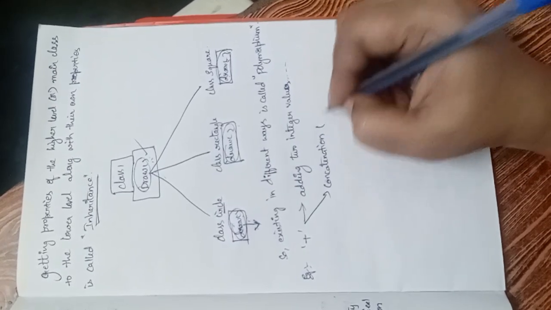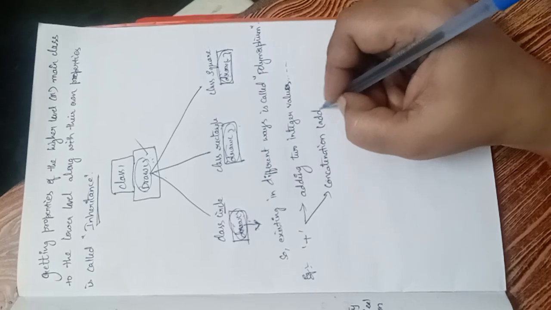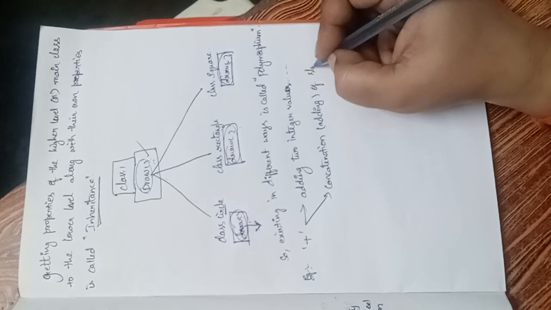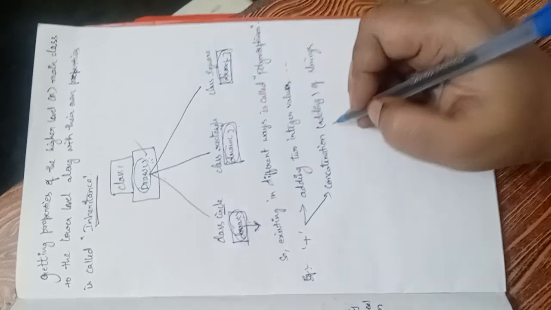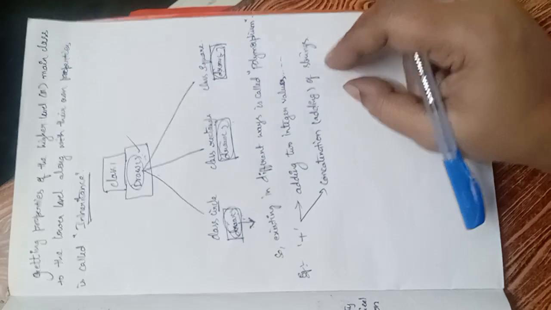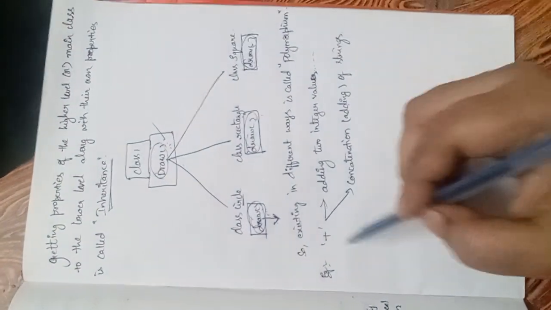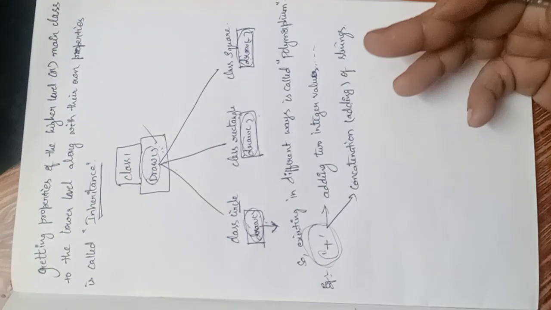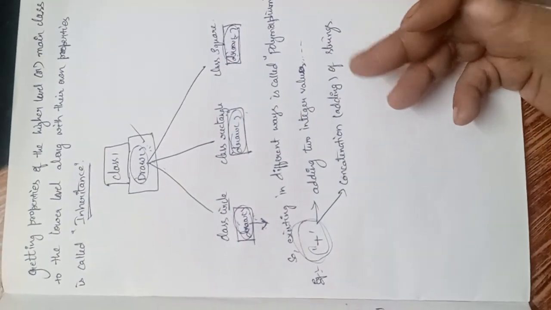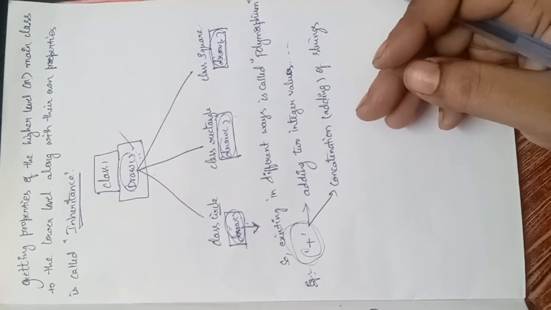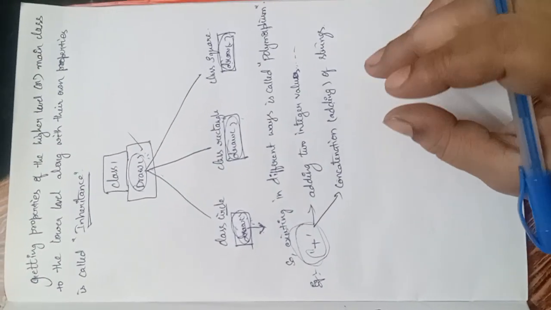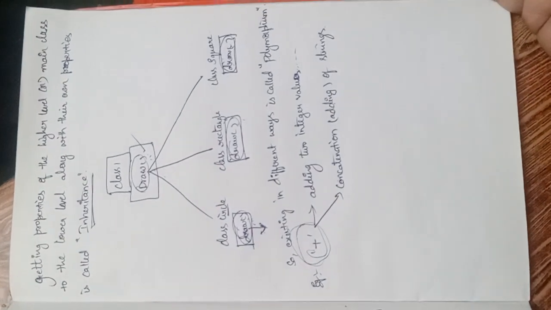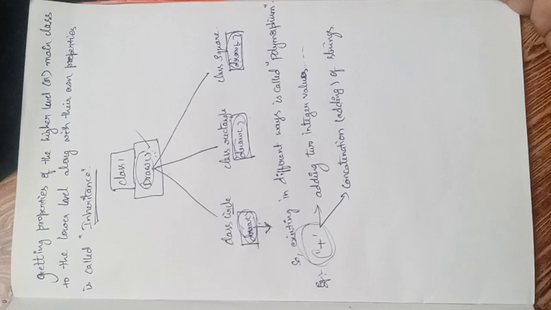Concatenation is adding two strings into a single string. So the plus symbol also shows the property of polymorphism. A single thing available in different forms is called polymorphism.